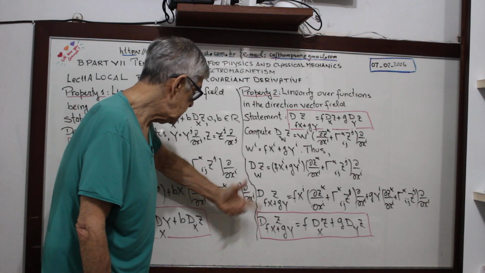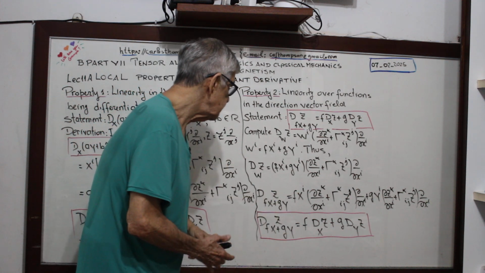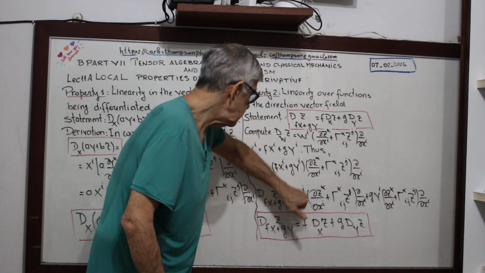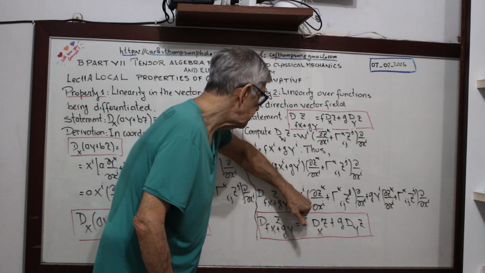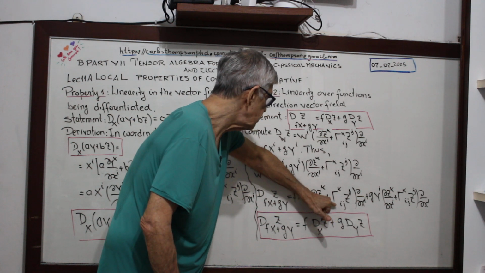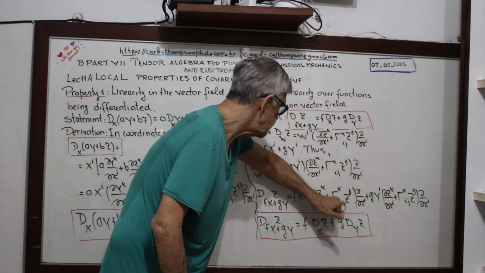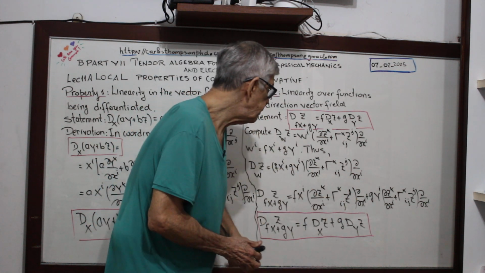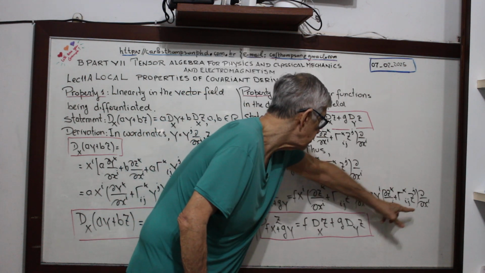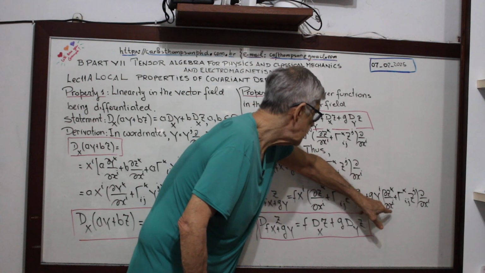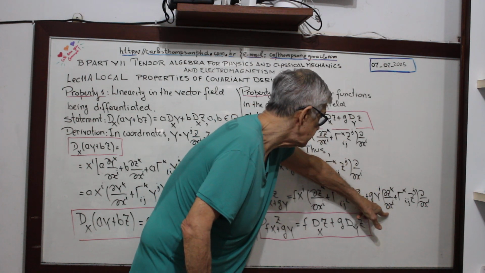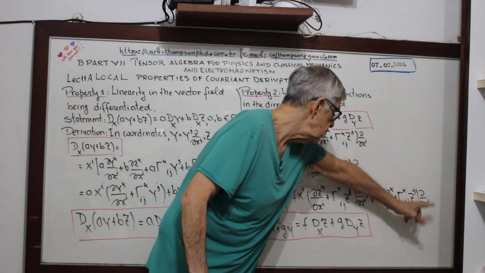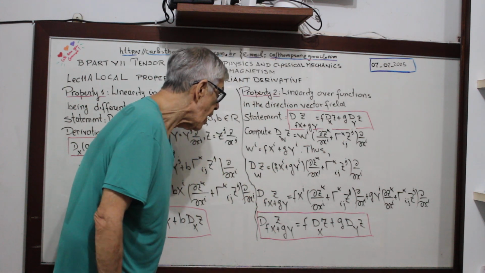Again I can group: fX^i, Z^k partial, Christoffel symbol Gamma^k_ij, Z^j, the partial x^i, plus, grouping this other term, gY^i, this here is the covariant derivative of the vector Z, and also don't forget the basis partial x^i.